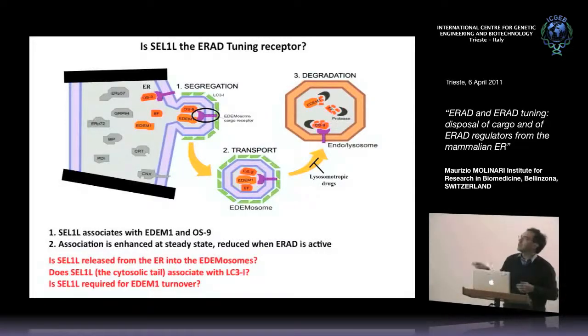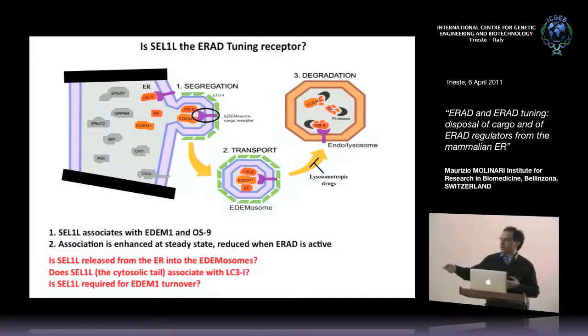So we have the information that cell 1 associates with EDEM and OS9. This is fine, it could be a receptor. We have another piece of information: this association is improved at steady state, when cells want to remove this chaperone. So it could be the receptor.